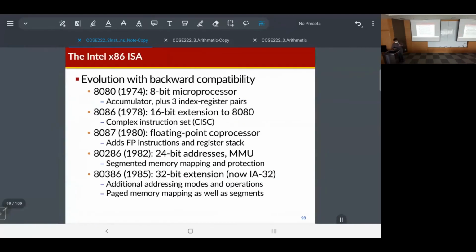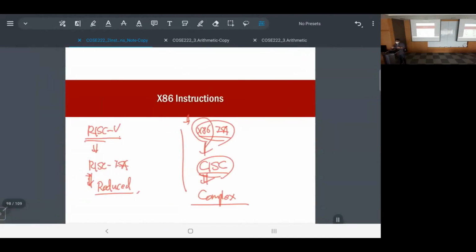So we can briefly check some properties of the x86 ISA. But recently Apple, also a very popular computer manufacturer, developed their own CPU called the M1, and as you know, the M1 uses the ARM ISA, not x86.